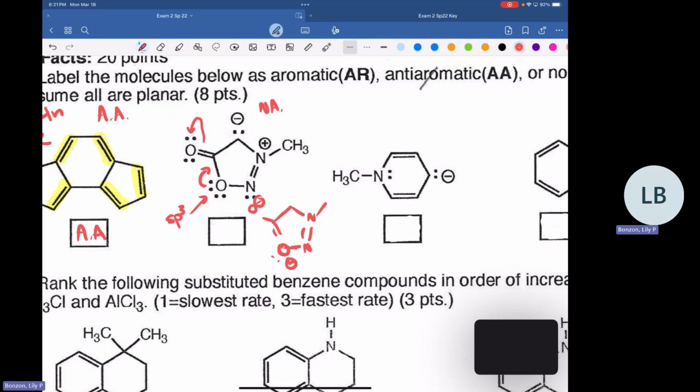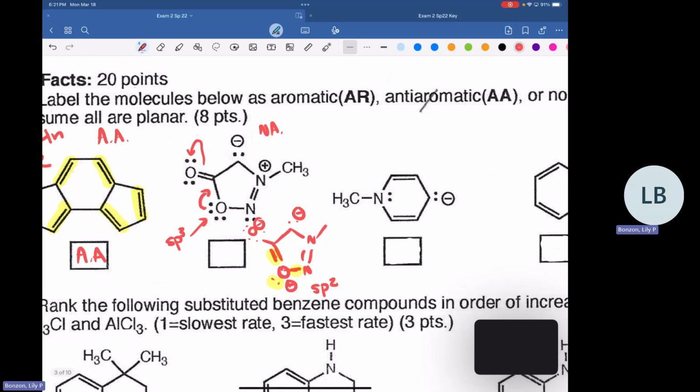Okay, so this would be our new resonance structure. So this oxygen up here now is negative. The one at the bottom is positive. And so now when we look at this oxygen right here, we see that it has 1, 2, 3 regions. So this one is now going to be sp2. So it could potentially satisfy the aromatic rules. We'll just have to keep looking at the structure.